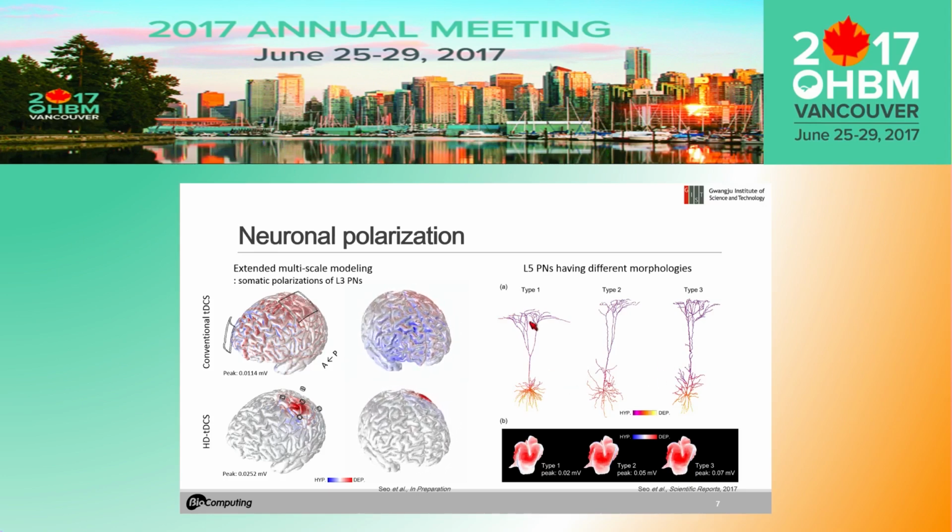You can also see the general observation of hyperpolarization in the upper part of the dendrite and depolarization in the bottom part of the dendrite. We also found that type 2 and type 3 neurons induce about 2 and 3 times higher peak value of somatic polarization compared to the type 1 neuron.